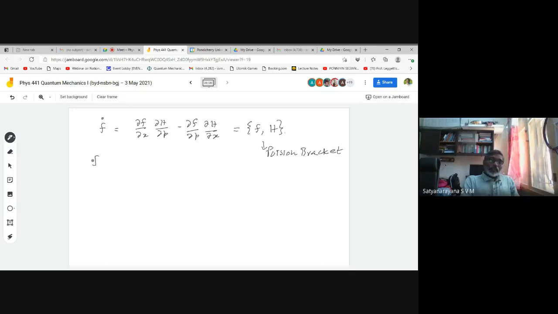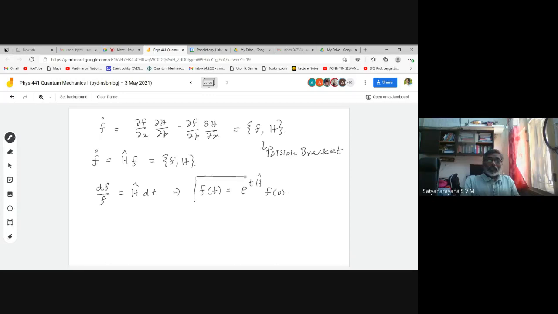Now I can write it in the following fashion: f dot is equal to some operator H acting on f. The action of this operator is taking the Poisson bracket with h. Now, just like the Schrodinger equation, I can solve this formally. I can write df by f is equal to H operator dt and integrate this. This implies f of t will be equal to e to the power t H acting on f of 0.